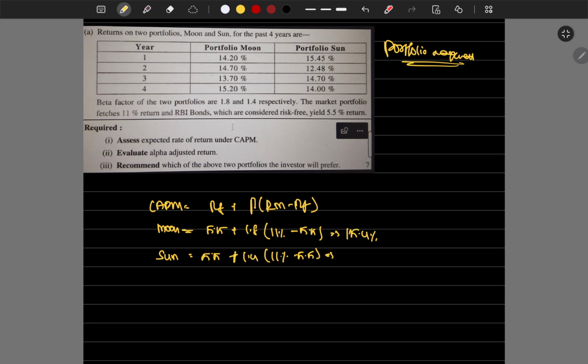And 5.5 plus 1.4 into 5.5, which is 13.2, is the expected return for sun.